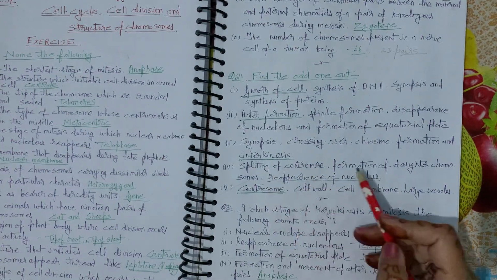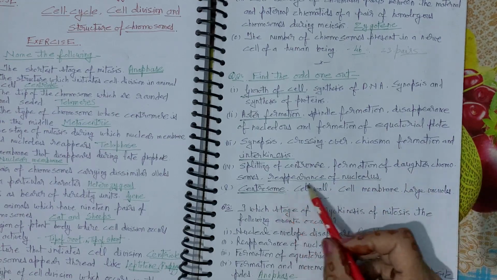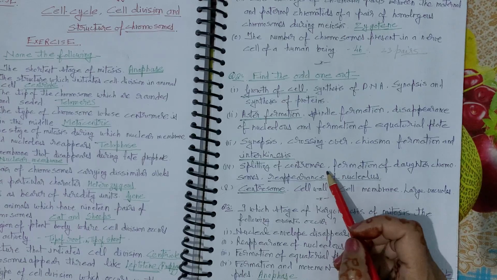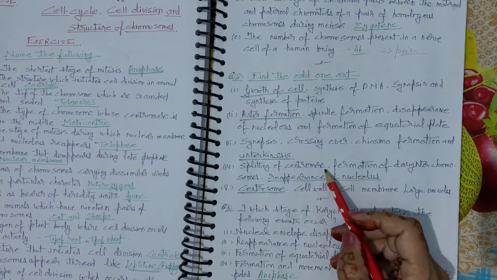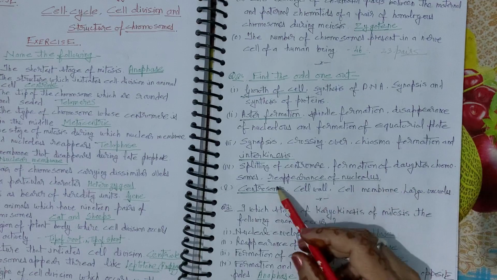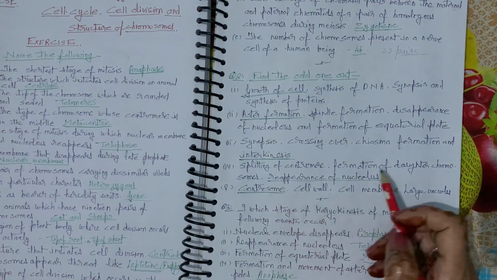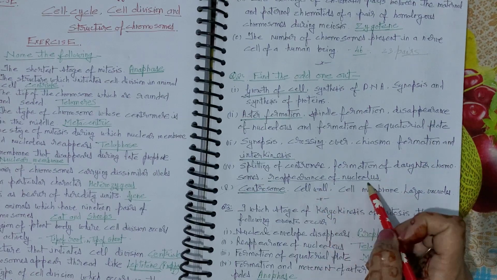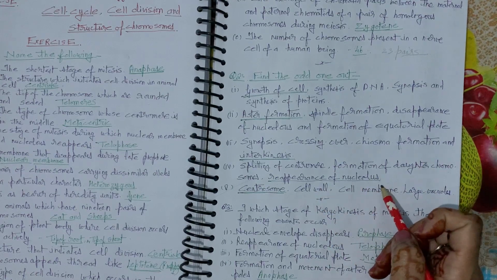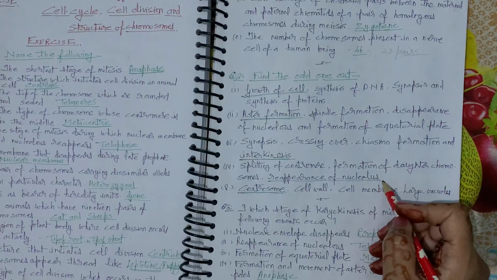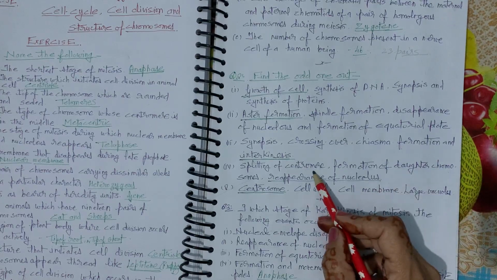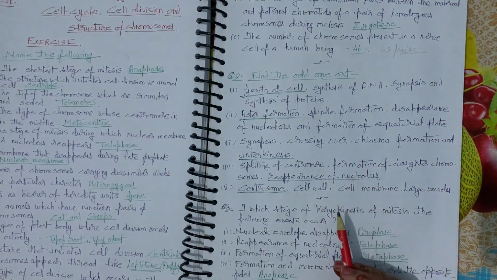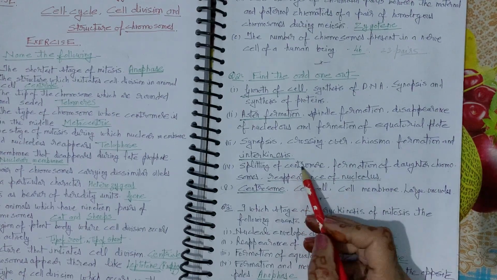Splitting of centromere, formation of daughter chromosomes, reappearance of nucleolus. Splitting of centromere occurs during the cell division. Formation of daughter chromosomes and reappearance of the nucleolus happen after the formation of cell. इसमें जो होगा आपका ऑड वन आउट होगा, स्प्लिटिंग ऑफ सेंट्रोमियर.